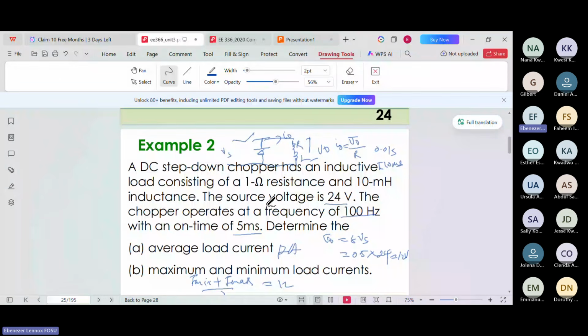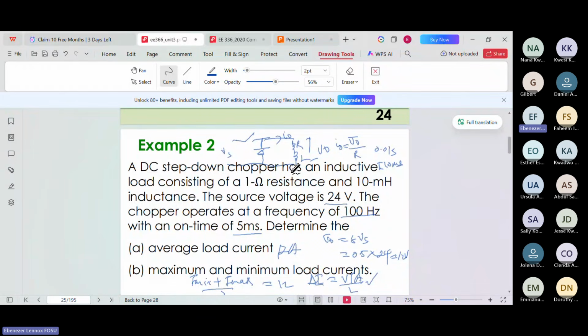How do we get that? This is where we need to calculate the change in the inductor current. We use the formula given in unit 1: change in I is equal to the voltage-time area over L. So you need to calculate the voltage-time area divided by the inductance to get the change in inductor current, which is I max minus I min.